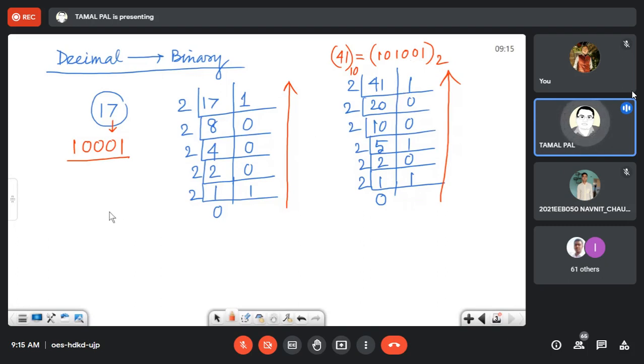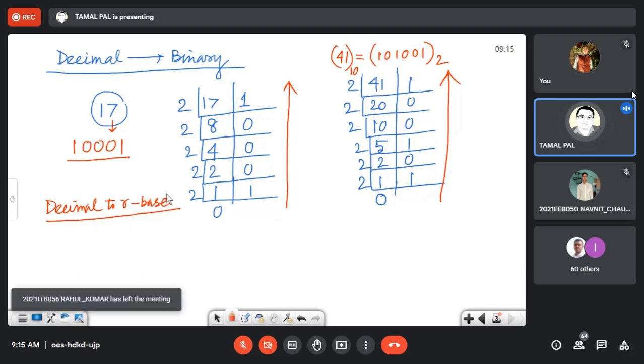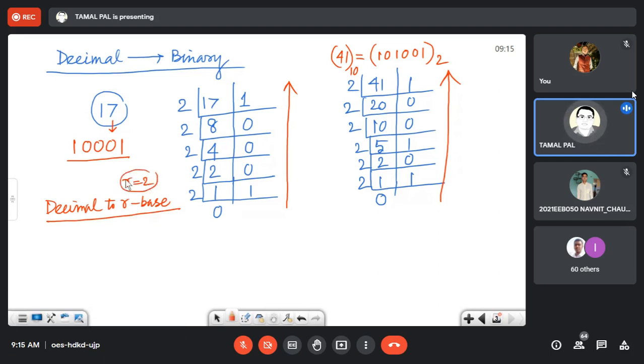If it is another base, let's say R base, we have to convert decimal to R base. Here I have taken R equal to 2; binary is nothing but R equal to 2.